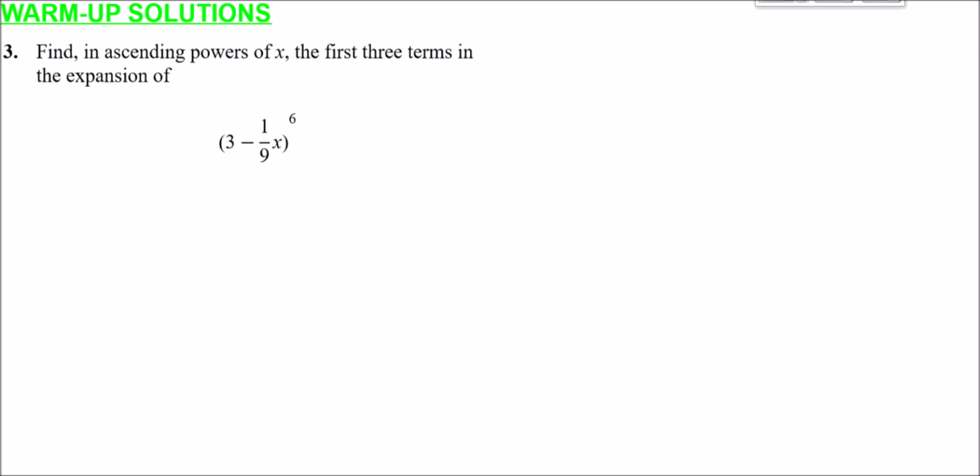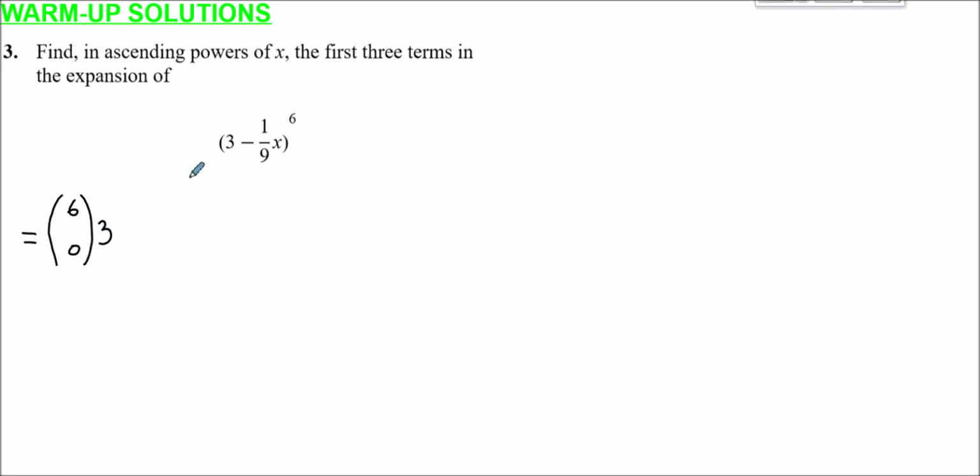For question 3, we have a binomial expansion question. So we need to find, in ascending powers of x, where the powers of x are growing, the first 3 terms in this expansion. So the good news is we don't need to do the whole thing, just the first 3 terms. So the general rule is the first term is the power of a bracket, choose 0.